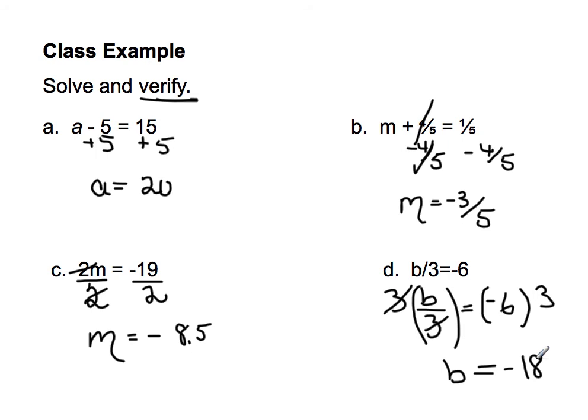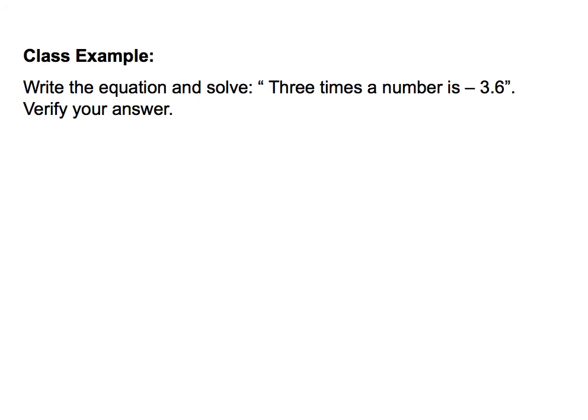Okay, I'm not going to verify these because these are a little bit simple, and this is a review from grade 7 and grade 8. Changing those words into an equation is very hard for some students, so I'm going to start again, really reviewing the basics and then building those equations up to more difficult ones.